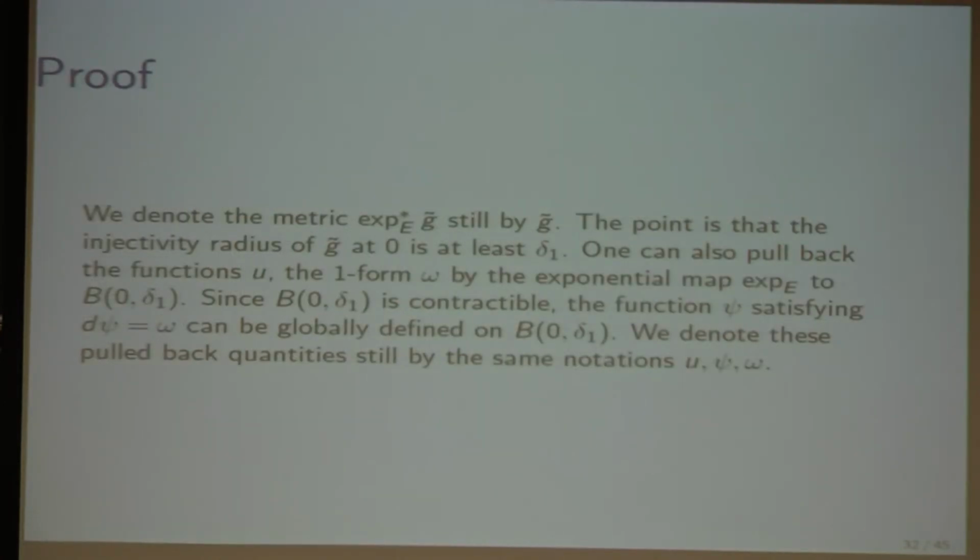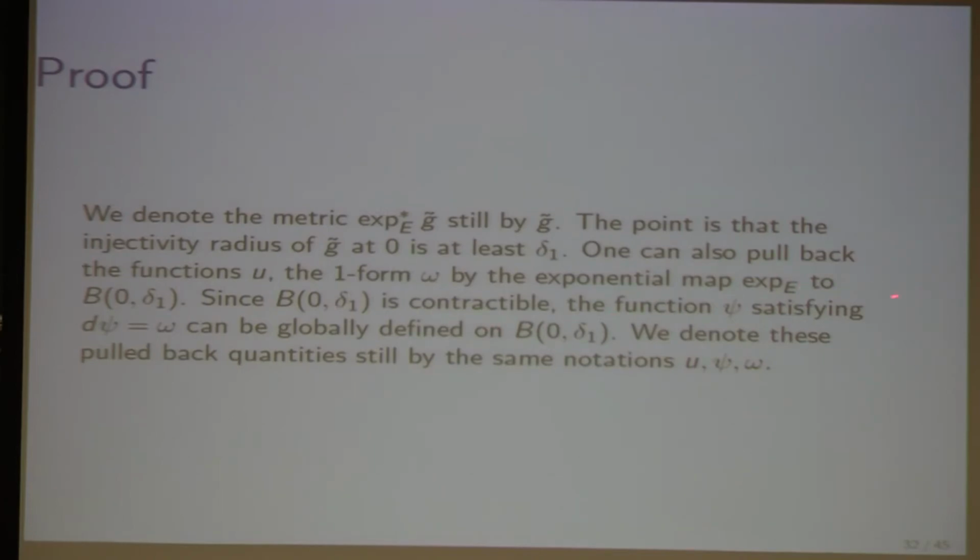Because we can pull back this metric or tensor. Actually, you can think of it as just a tensor G tilde by this exponential map. Pull back everything to the ball of radius delta 1. I mean here the function U, the one form, and everything to this ball.